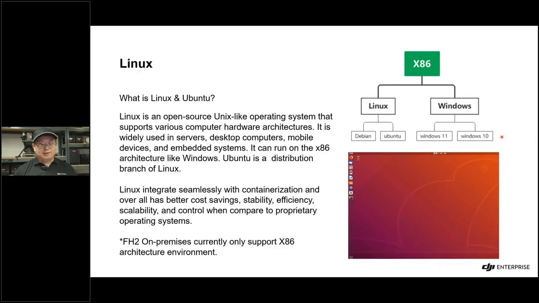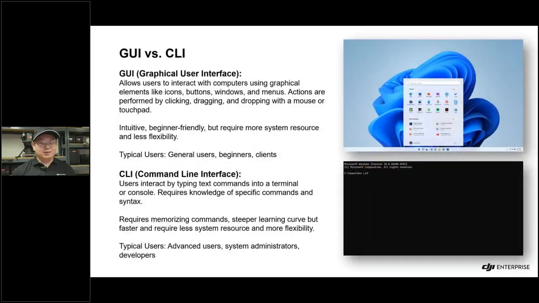Next concept we're going to run into is GUI versus CLI, or graphical user interface versus command line interface. Just to make your life harder, the FlightHub 2 on premises deployment process is through CLI, or command line interface, instead of a GUI. And there's a reason behind that.